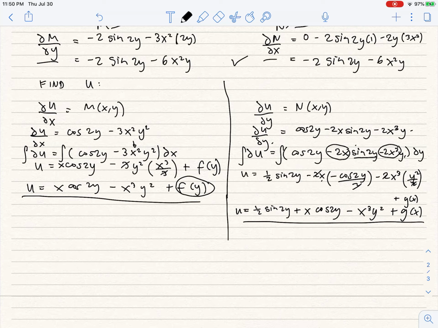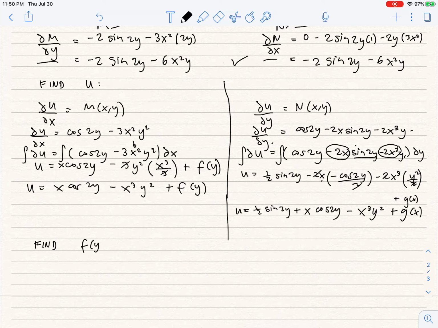Okay, so find f of y and g of x. Let's start with f of y. So once again, we compare the two values of u. So first, diri ata masugod sa first u kay naman diri ang f of y.